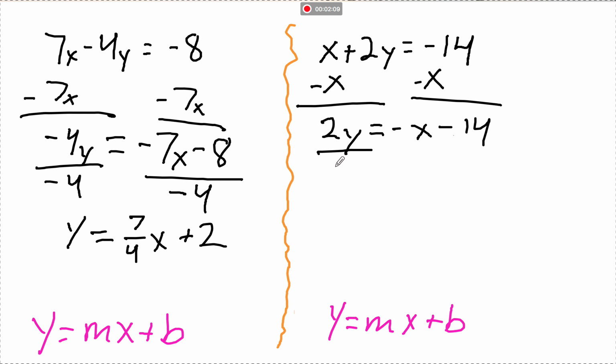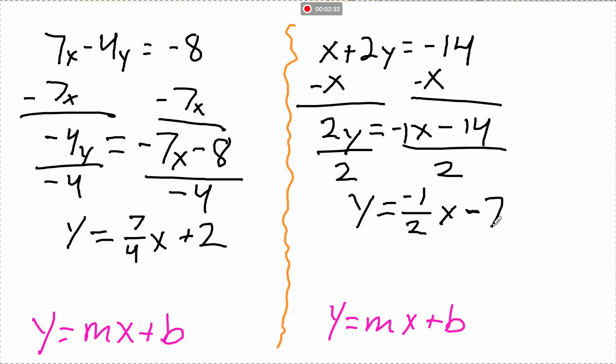Divide both sides by 2. And y equals, remember there's a negative 1 in front of this x, the implied 1. So negative 1 divided by 2 is going to be negative 1 over 2x. And then negative 14 divided by 2 is going to be negative 7.